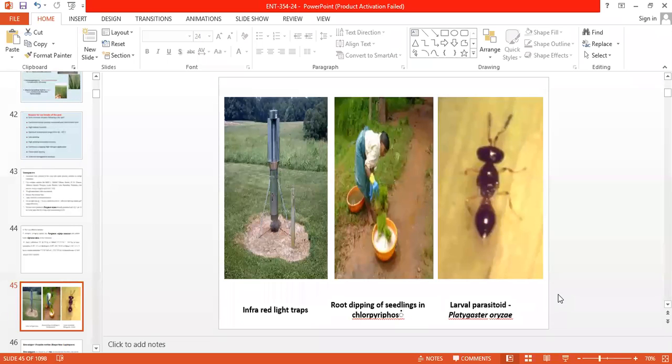Then use the larval parasitoid Platygaster oryzae. Release parasitized galls at 1 per 10 square meters in the main field 10 days after transplanting.